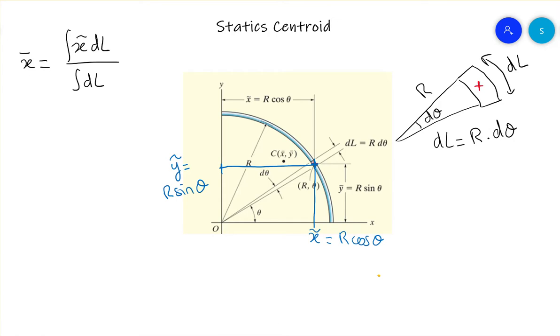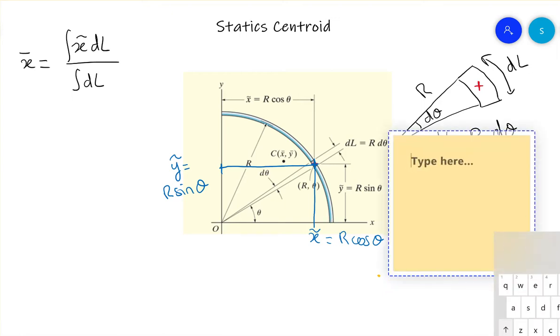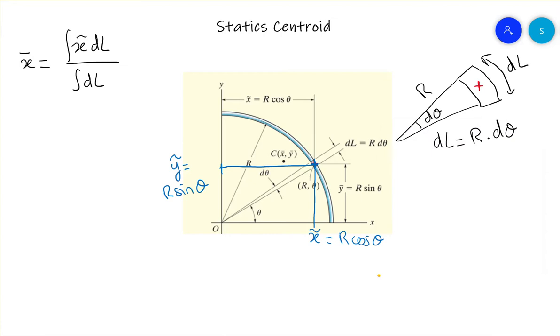For any theta, if theta equals 0, it will be there; theta equal pi divided by 4, pi divided by 8, etc. Theta changes, r is always the same. So we found x tilde, y tilde, and dl in terms of theta. That's our variable, not x, not y, but theta.